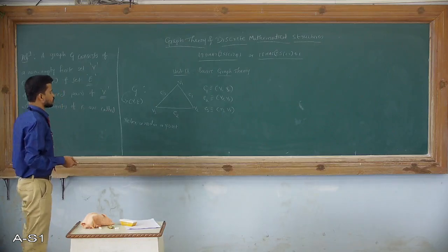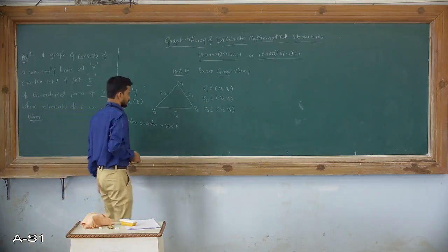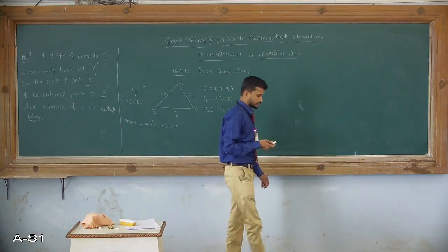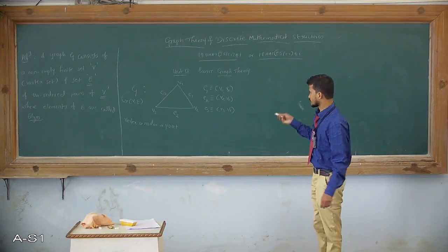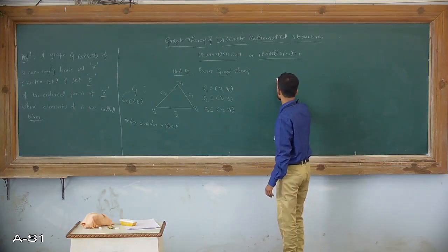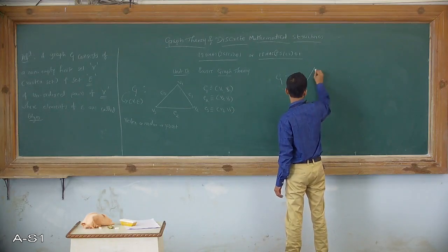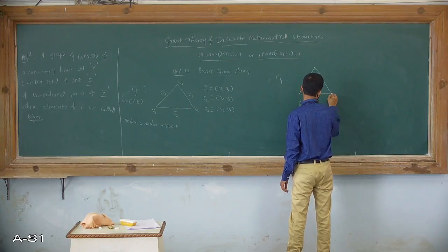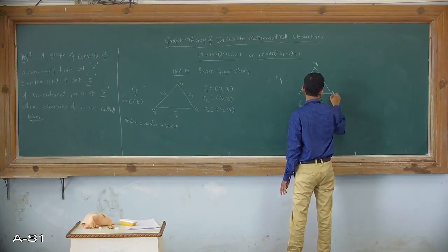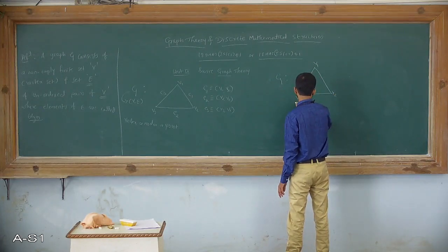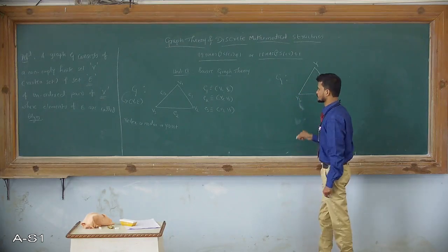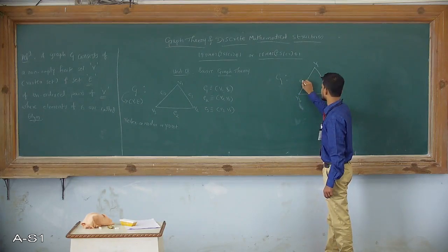Now we see the classification of different types of graphs. Let us consider another graph, which I'll name G1. I will consider the same set of vertices, V1, V2, V3, and name the edges E1, E2 and E3.